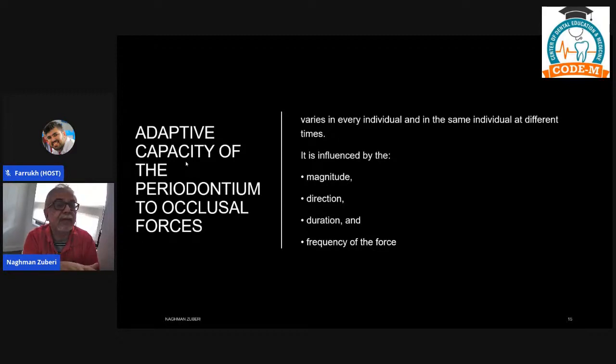It will be different depending upon the situation. And why will it be different? Because this is influenced by the magnitude of the force, direction of the force, duration of the force, how long the force is acting, and how frequently that force is being applied.